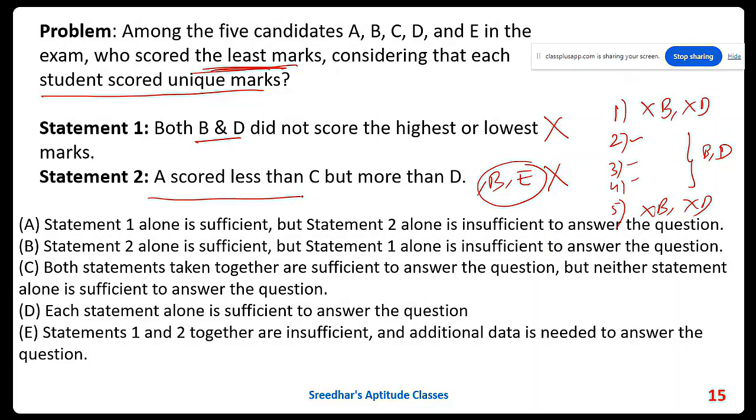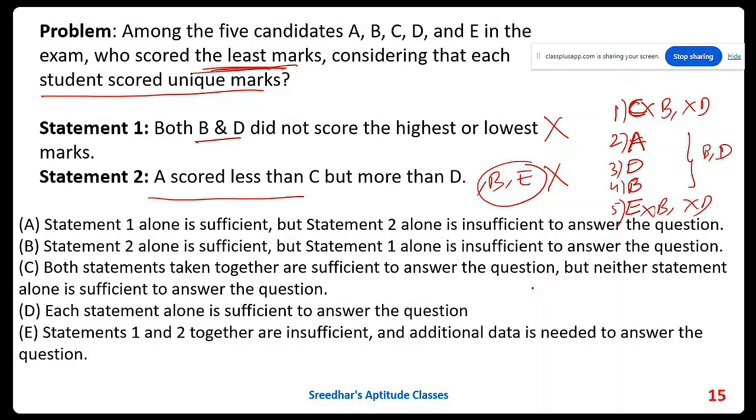A scored less than C but more than D, right? So by trial and error, if I take C here, A scored less than C but more than D. So D here, B here, then I'll be getting E the least.